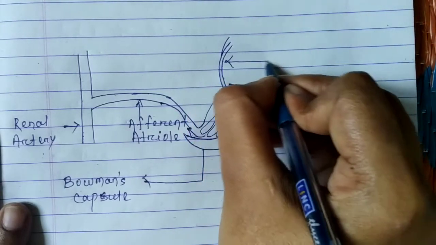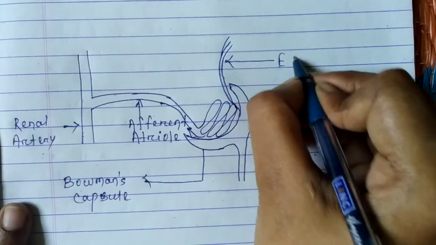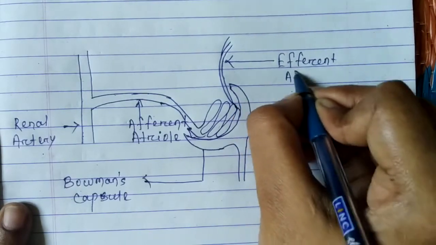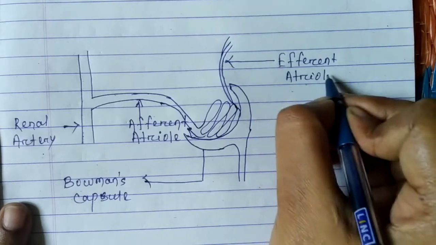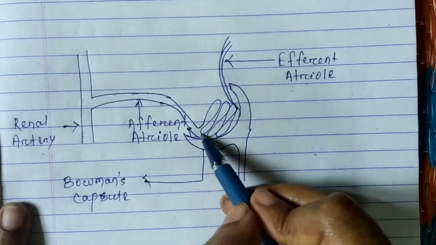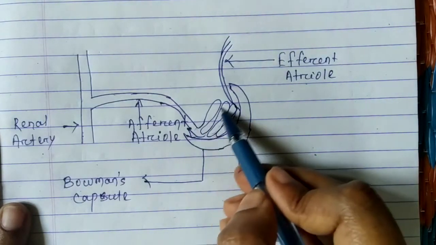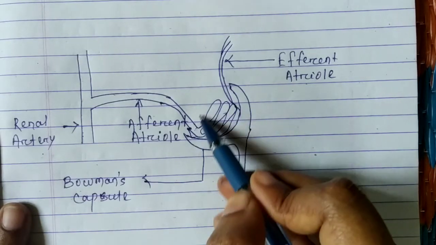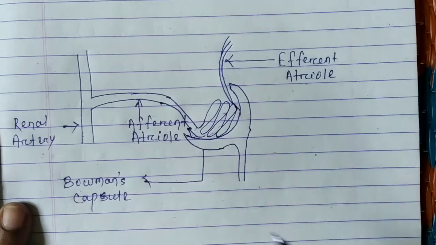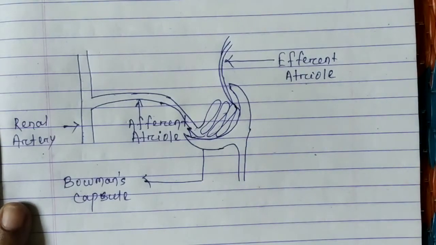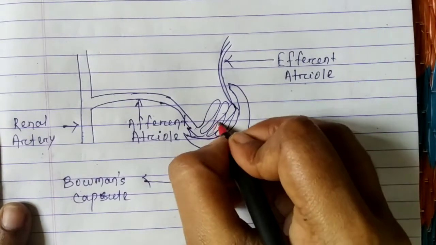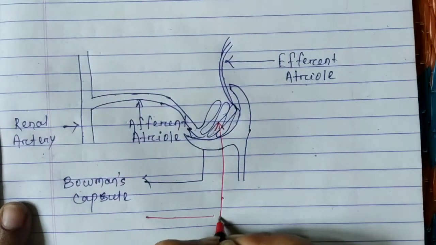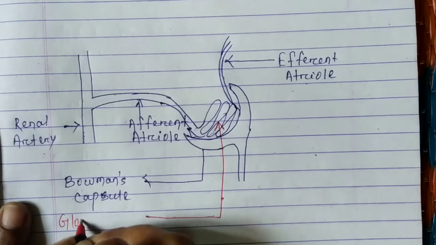So this one is known as efferent arteriole. Inside the Bowman's capsule, this network of blood capillaries is known as glomerulus.